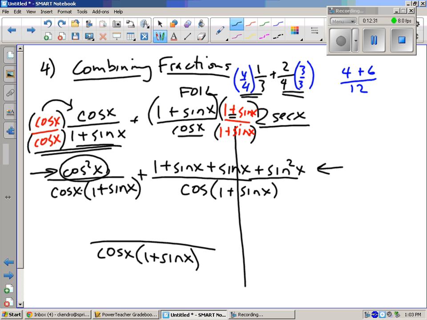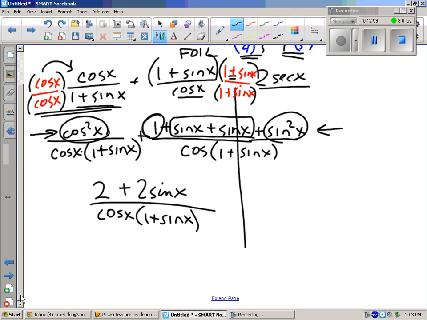I have this and this together. If I add those together, isn't that sine squared plus cosine squared equals 1? So I have a 1 plus this 1 gives me a 2. All right, and then these two give me 2 sine x. The reason I like that is they both have a 2 in it.